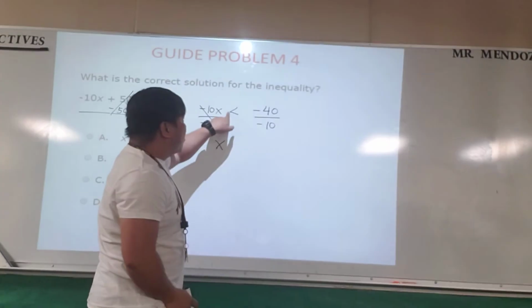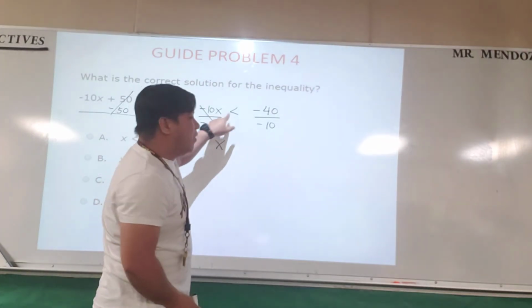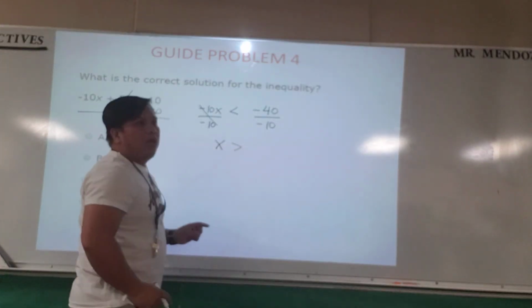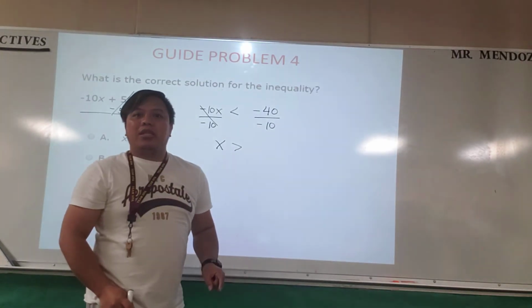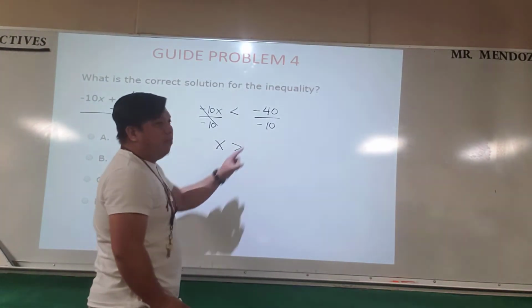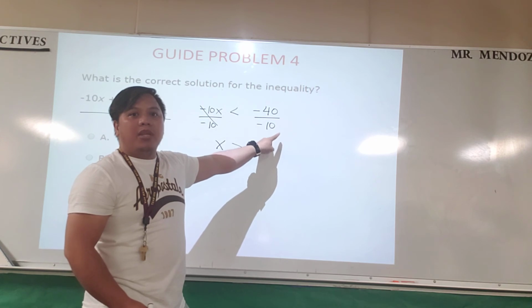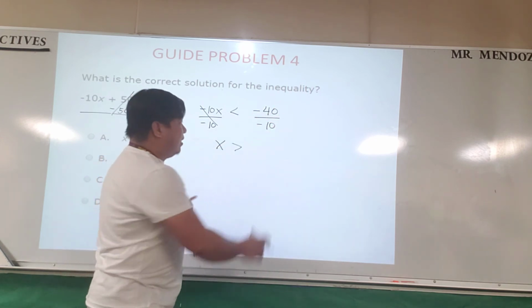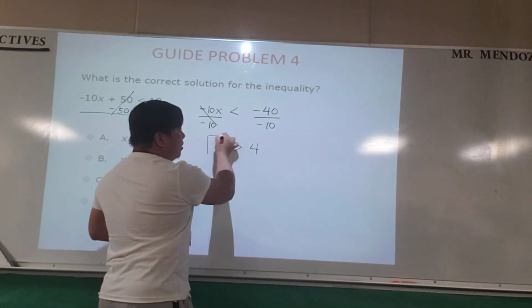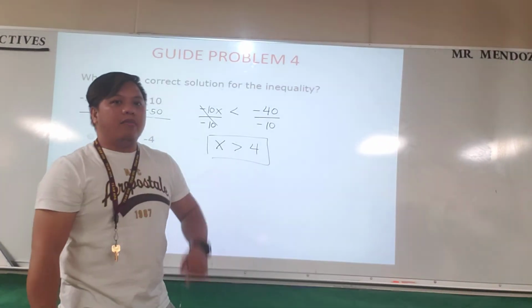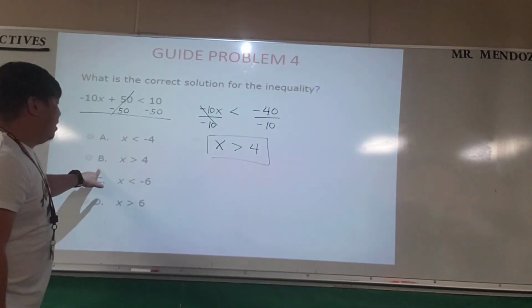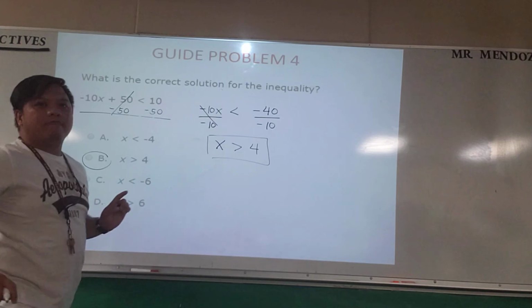Since I have divided by a negative, from that less than, we need to reverse and make it greater than. What is negative divided by negative once again? It's going to be positive. And 40 divided by 10, how many 10s could I have in 40? That's 4. So the answer is going to be x greater than 4. And that's going to be letter B. There you are.